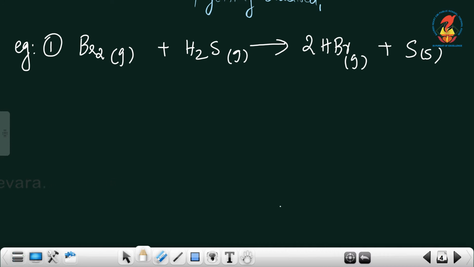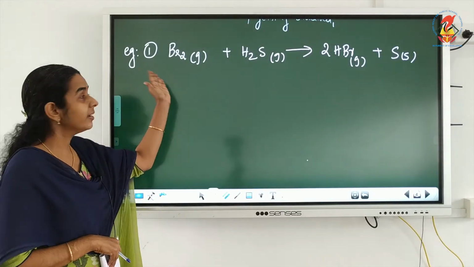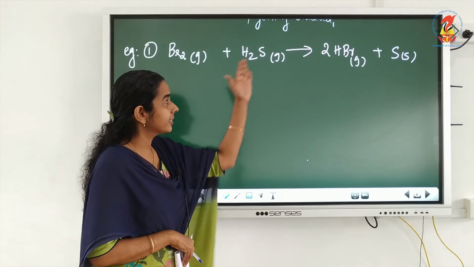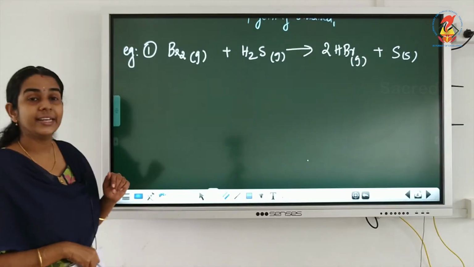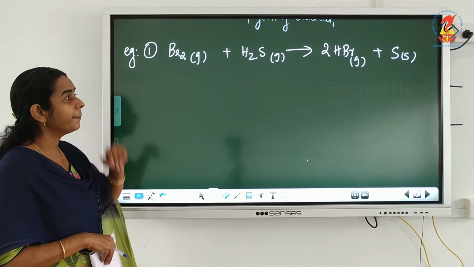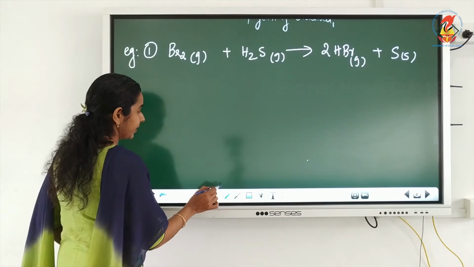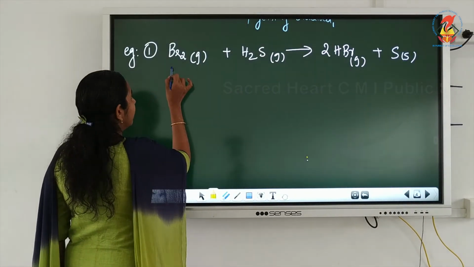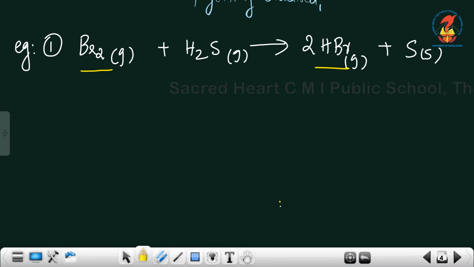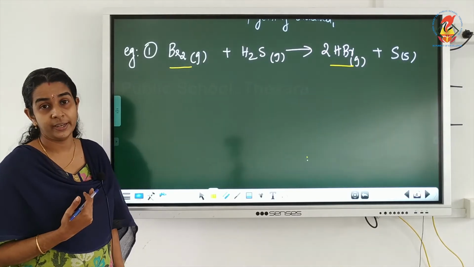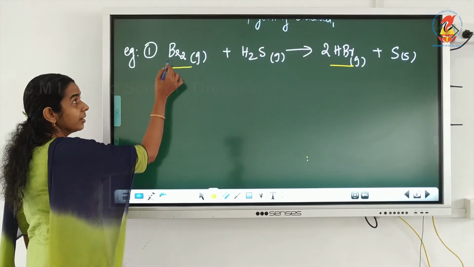On the reactant side, bromine is reacting with H2S giving HBr and sulfur solid. What happens to bromine here? See the change happening. Bromine changes to HBr. So bromine is combining with hydrogen, or there is addition of hydrogen to bromine.